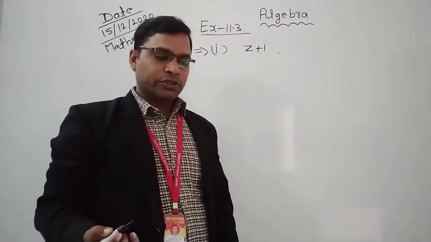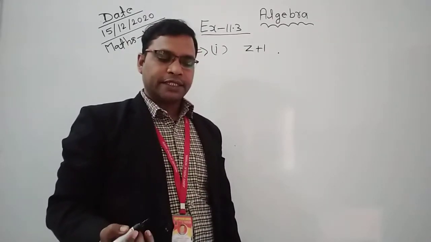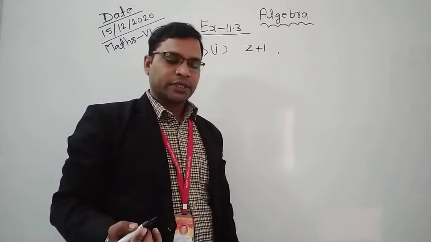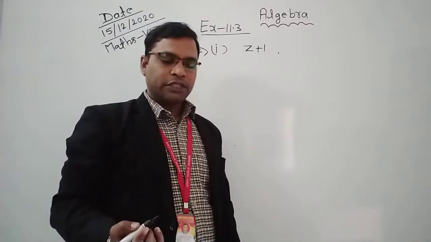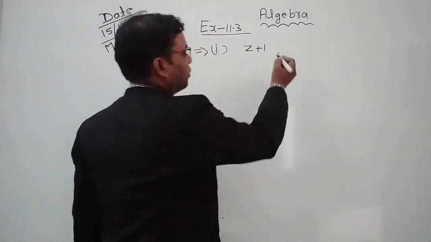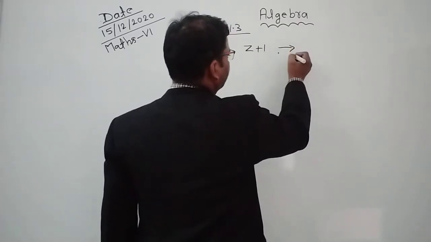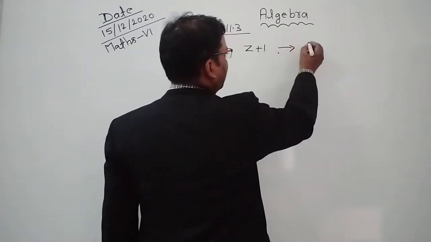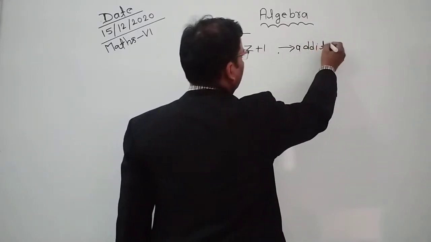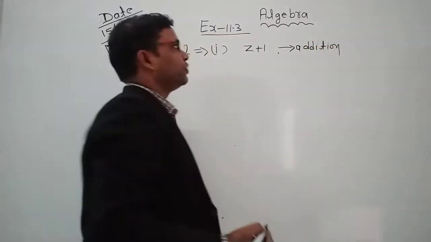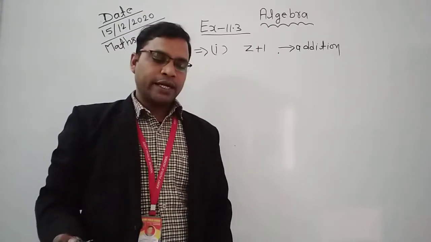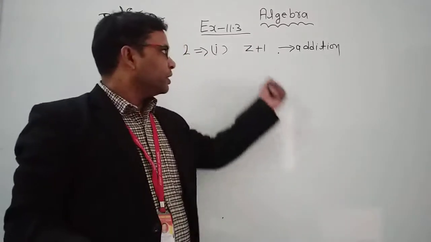I repeat the question again: identify the operation, addition, subtraction, division, multiplication, in forming the following expression and tell how the expression has been formed. So z plus 1. Here you can write addition. The operation here is addition, because the question asked to identify the operation.